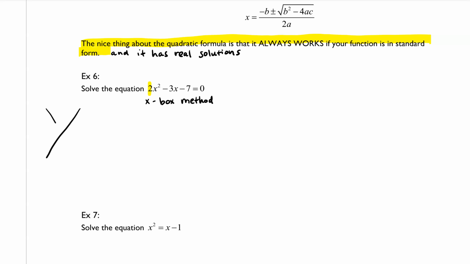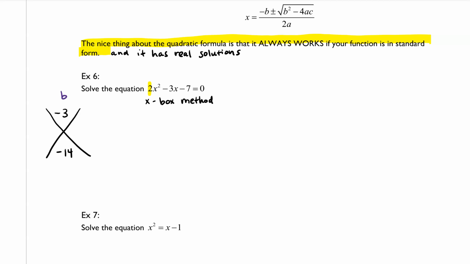So let's go ahead and make our x. On the top portion of our x, we want to put our b value, which is -3. And then on the bottom portion of our x, we would put whatever a times c is. So 2 times -7 is -14.